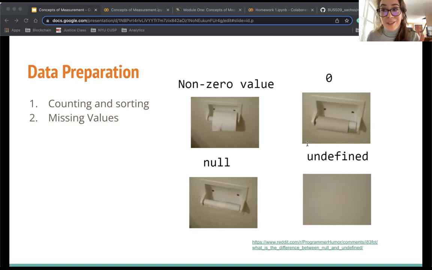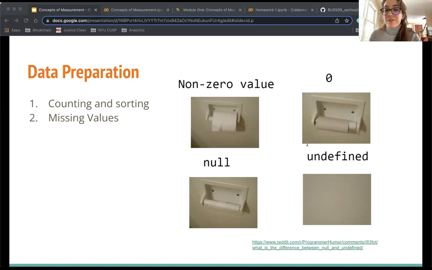Again, most data in the real world will be incomplete, with missing values and also erroneous data points. A handy way to think about missing values, which we call null or not a number, is to think about toilet paper rolls. If there is paper on the roll, that represents that a data point was there. This is different than if all the toilet paper is used.